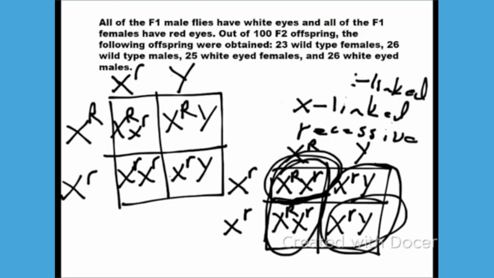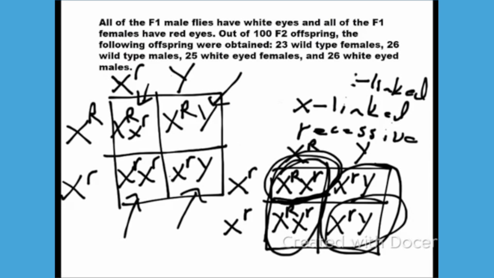Now what I hope you see here is that this offspring is female and has a big R, which means this is a red-eyed female. This offspring is XY, so it's a male, and it has a big R, which means that it's red-eyed. This offspring is female, XX. Both of its alleles are little r's, which means it's a white-eyed female.